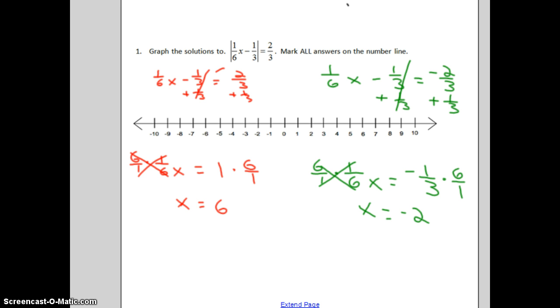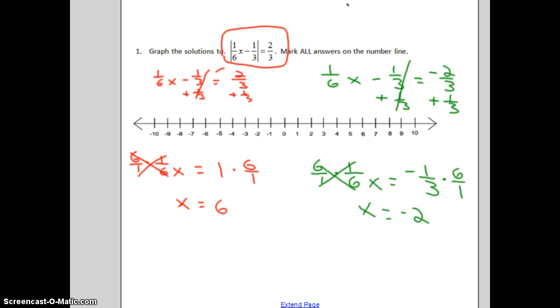All right, now, last step. It's very important that you check both of your answers. So we're going to use the original problem to check. Okay, so we're going to use the absolute value of 1/6x minus 1/3 equals 2/3.